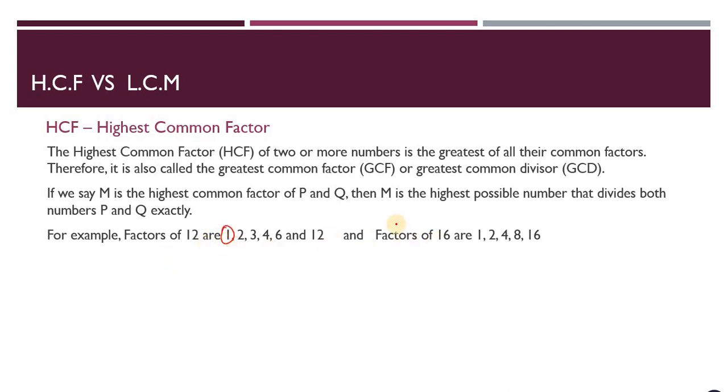These are 1, 2, 4. Do we have any more? No. So 1, 2, and 4 are common factors of 12 and 16. But what is the highest common factor? The highest one that's common to both 12 and 16. In other words, the highest number that divides both 12 and 16 is 4.